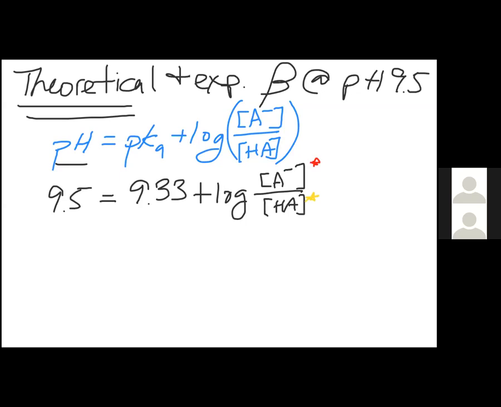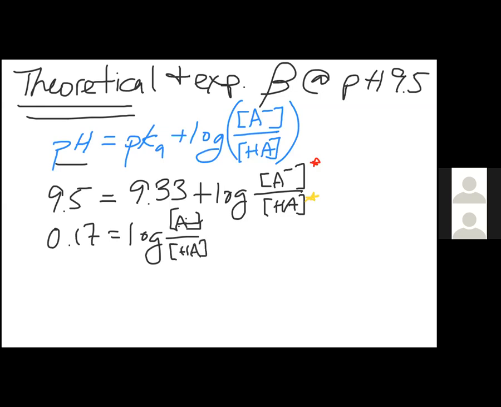Then we just solve this as best as we can. Subtract 9.33 from both sides, and we get 0.17 on the left side, equal to the log of the concentration of the conjugate base over the concentration of the acid species.